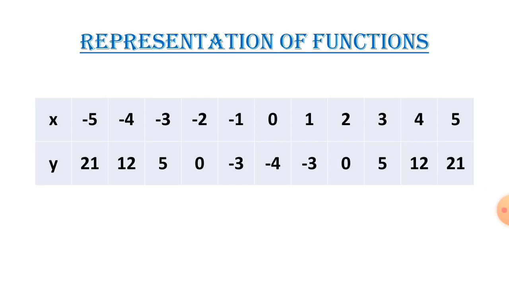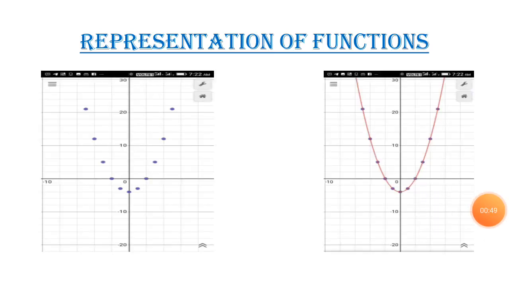Here, -5, 21 is a point on the xy plane. Like that, -4, 12 is another point on the xy plane. Like that, each pair of x and y values is a point on the xy plane. The next step is that each point is plotted on the xy plane.